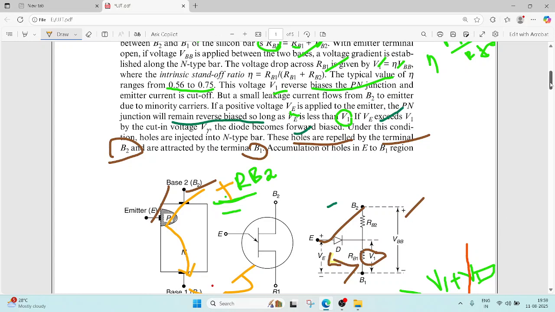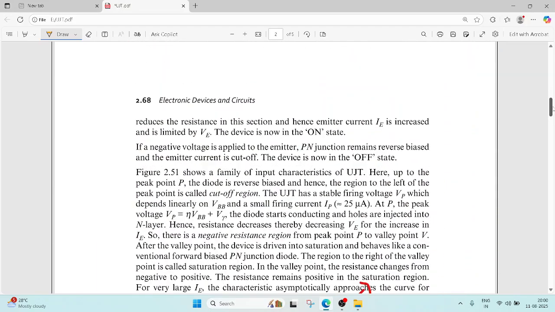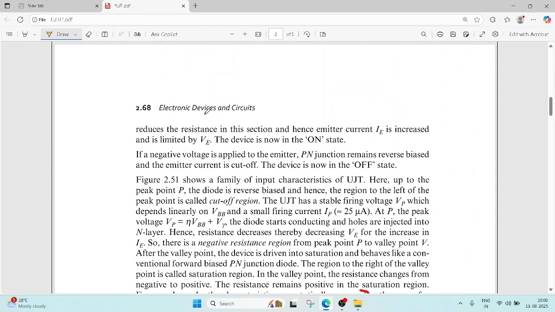Then the resistance decreases, then the IE current is increased. Now what happened? It is the on state.